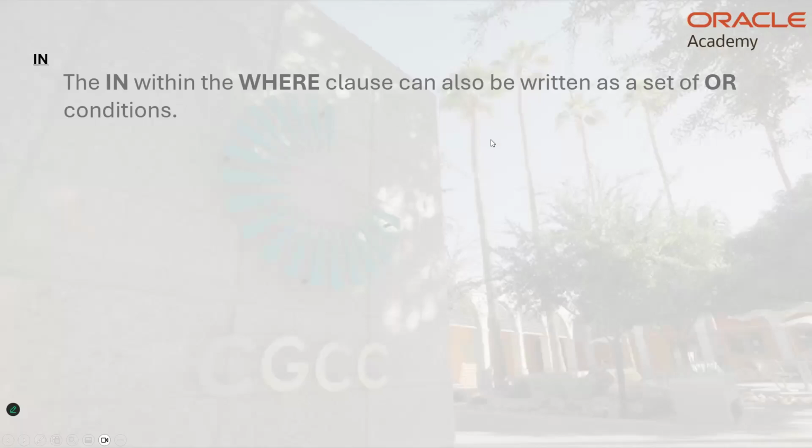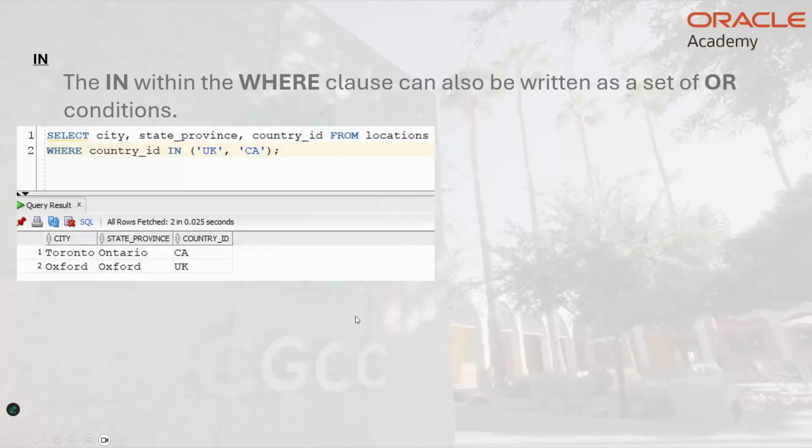The IN within the where clause can also be written as a set of OR conditions. So here's a simple query. We want to return the values from the locations table where country ID is in UK or CA. We know it's Toronto, Ontario, and Oxford, UK.